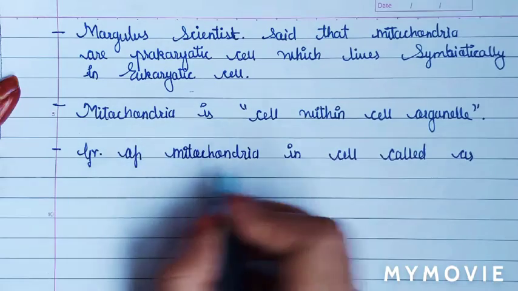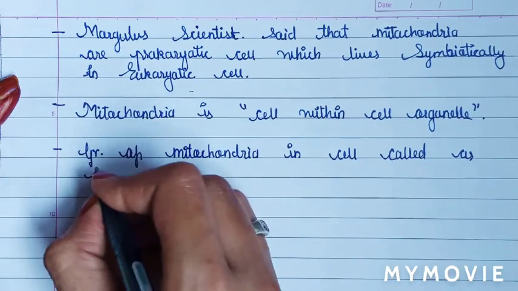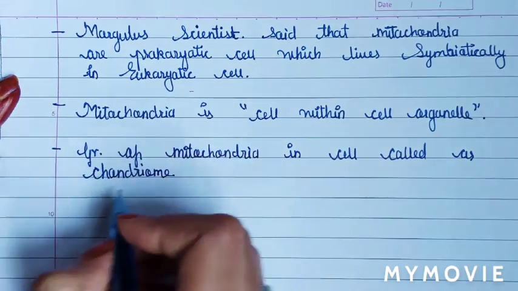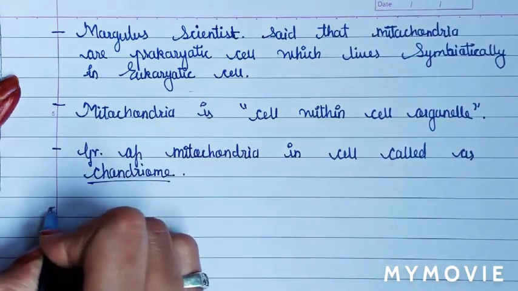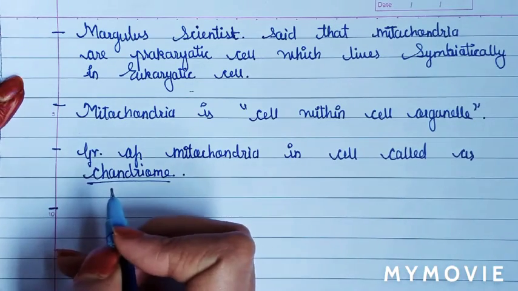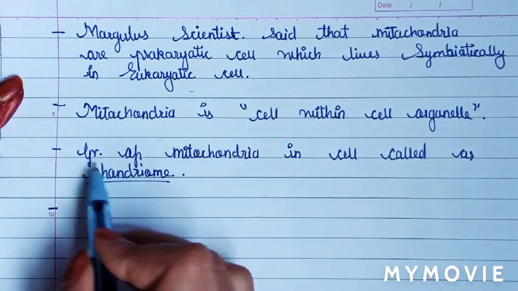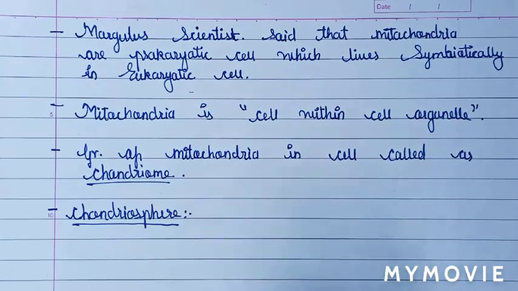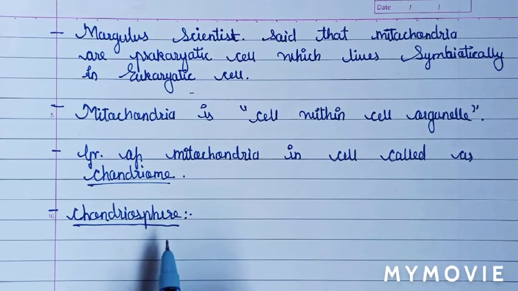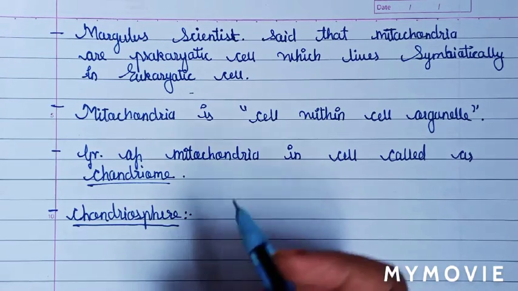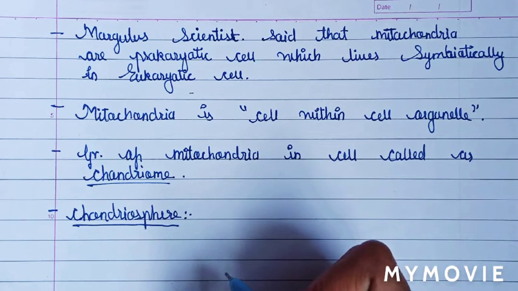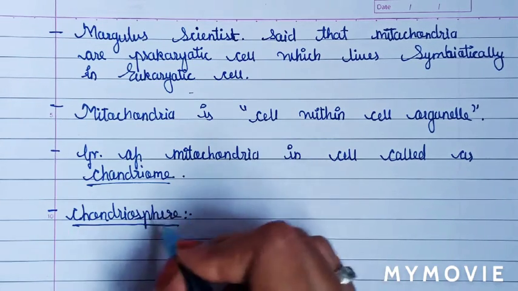Okay, the group of mitochondria is called as chondriome, and another term is chondriosphere. Chondriosphere detects the disease, means in scurvy disease all mitochondria are fused together due to deficiency of vitamins and bleeding gums. Okay, what is chondriosphere?